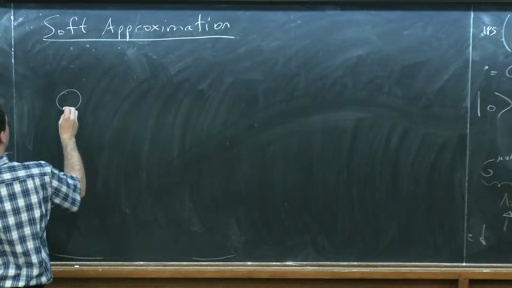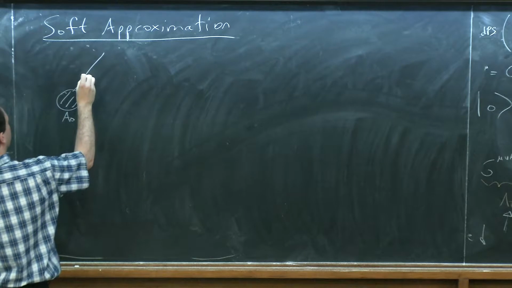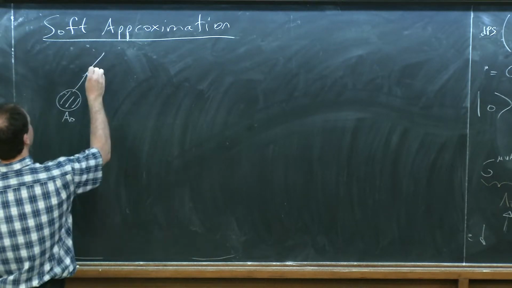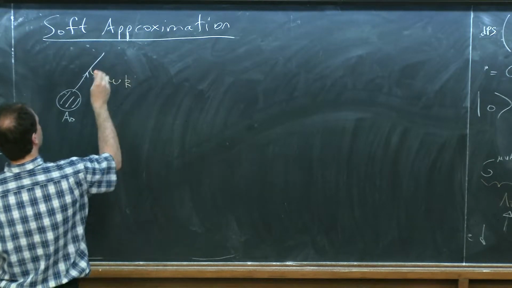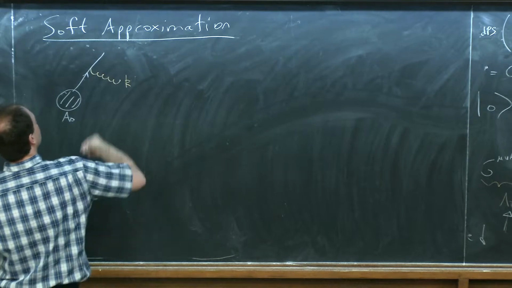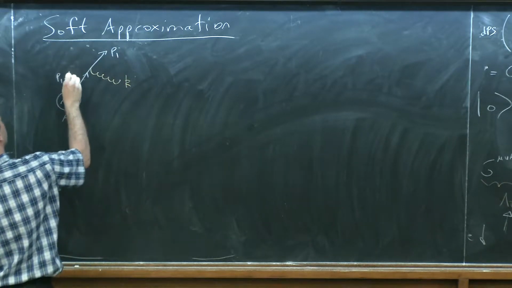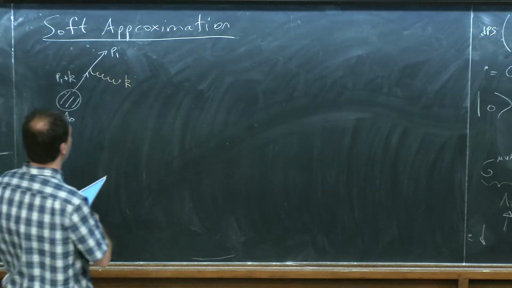Okay, so what is the soft approximation? I could consider some amplitude A0 that emits some energetic parton, maybe it's a quark, and then I have some soft parton, which is a gluon. Its momentum is k, so this is p plus k. And if I want to look at the limit of k goes to 0, that's the soft limit.